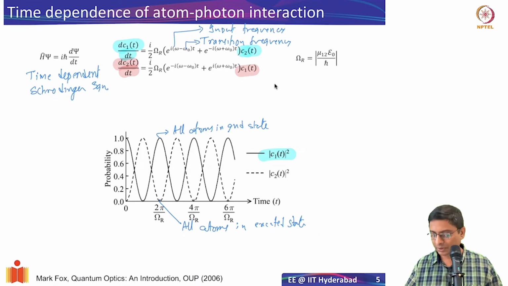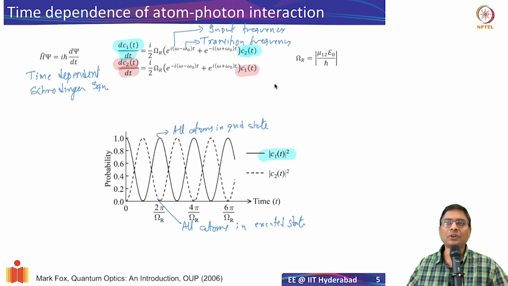At this particular point of time, you will see all the atoms are in the excited state and no atoms in the ground state. So the probability of finding these atoms is changing as a function of time, varying sinusoidally, and that particular frequency of oscillation of probabilities is called the Rabi frequency.